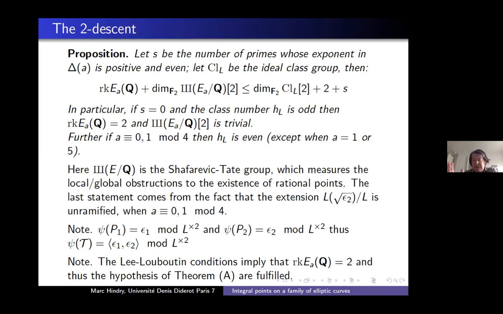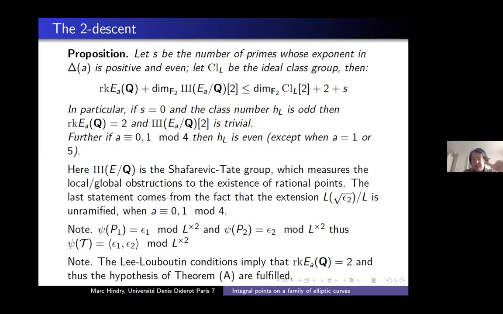It is trivial for A equals 1 and 5, but it's a true quadratic extension in all the other cases. So by class field theory, the class number is divisible by 2. That's about all I wanted to explain on the comparison of the results.